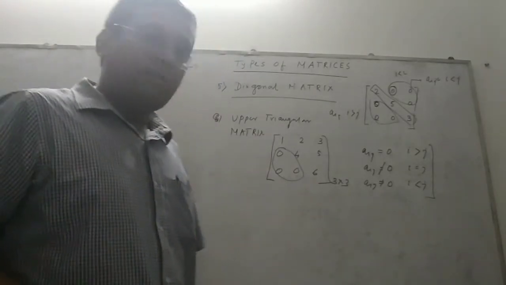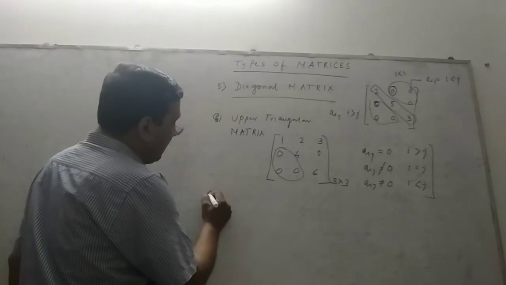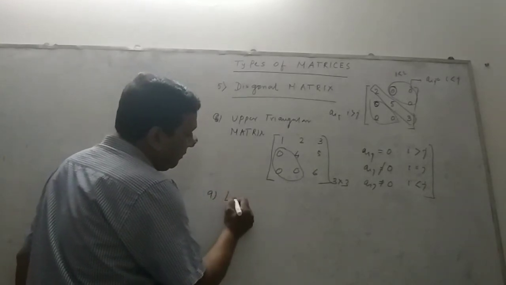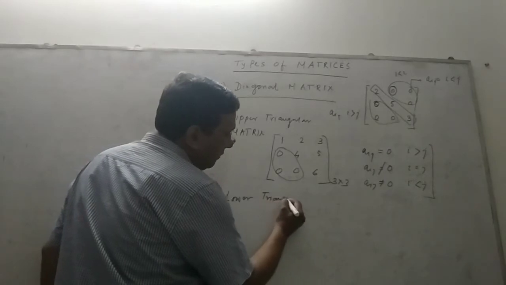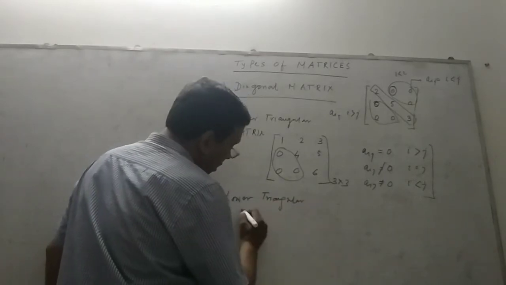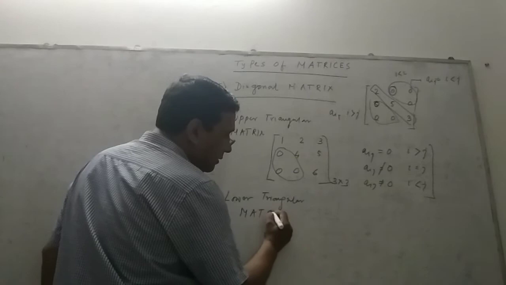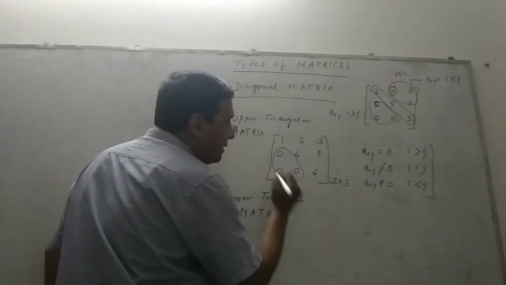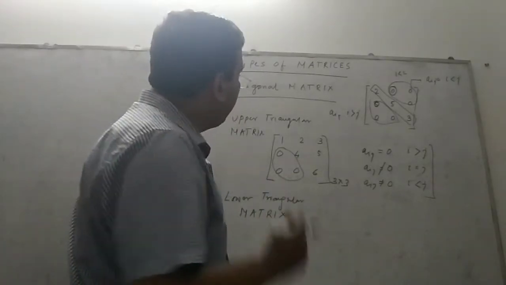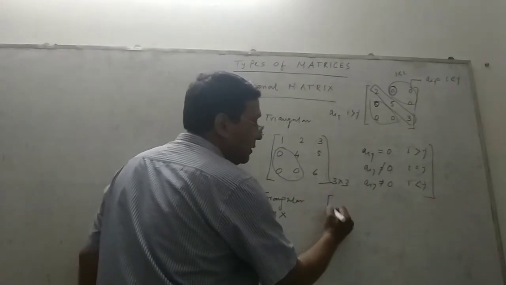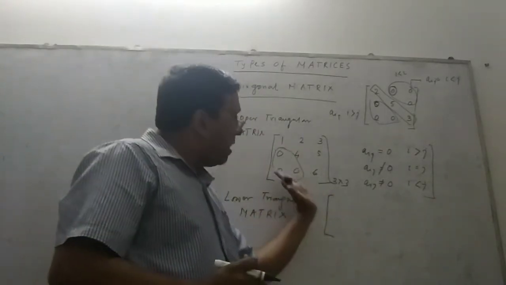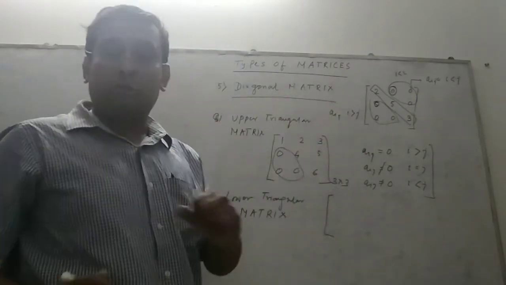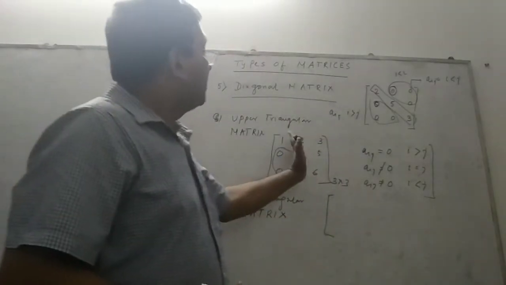Next is the lower triangular matrix. If we understand the upper triangular matrix, we also understand the lower triangular matrix. What is a lower triangular matrix? It is the same thing, when all the elements below the diagonal are non-zero, and above the diagonal, along with the diagonal, all are 0.